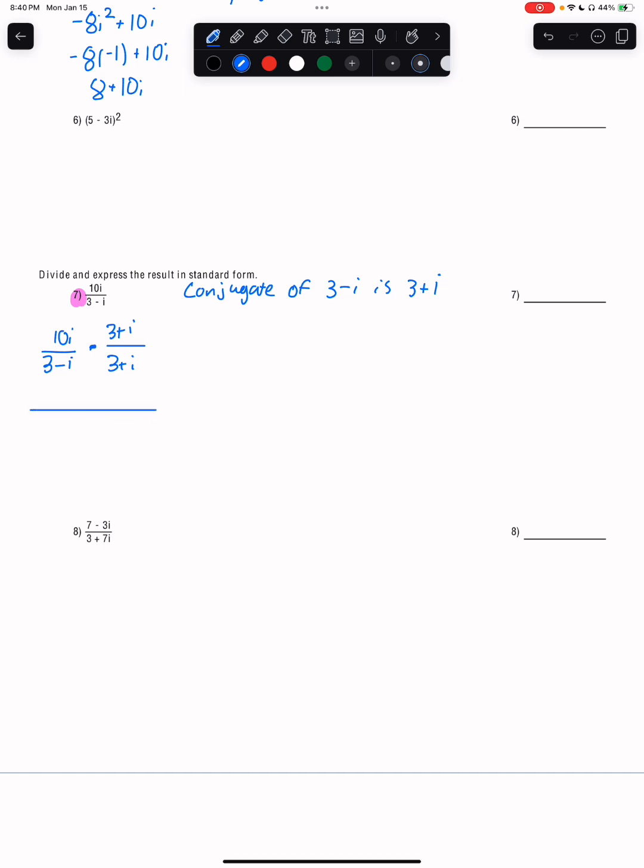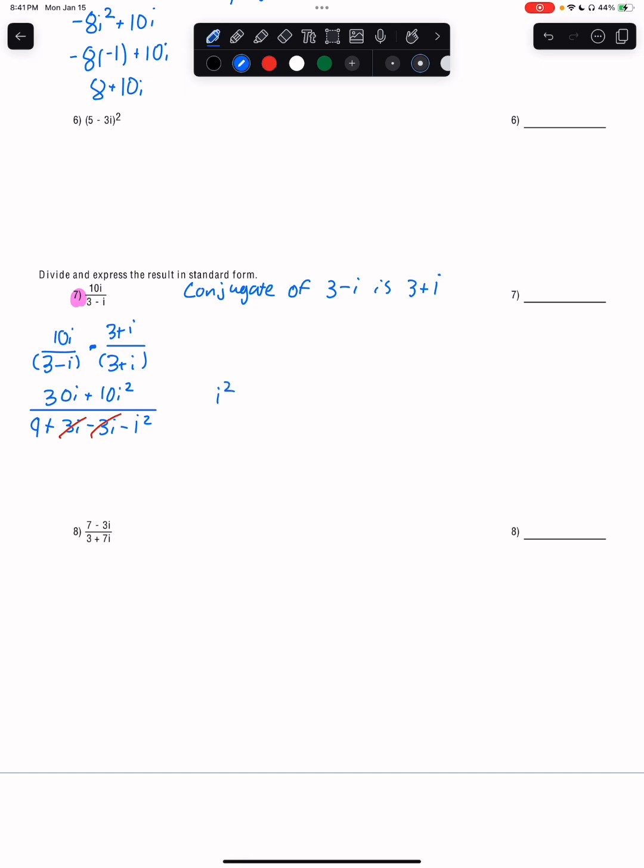And we'll multiply that out. And in the numerator, we're going to get 30i plus 10i squared. In the denominator, we have to FOIL it. You'll get 9 plus 3i minus 3i minus i squared. We know these will cancel out.